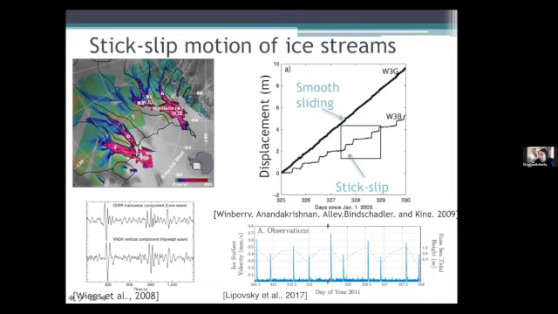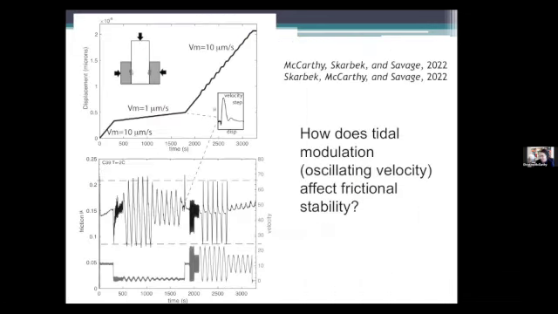So here are the tides as the dashed line, and the velocity going from not moving and then spiking up during an event. And these are captured with teleseismic records. And so what we wanted to explore is why sometimes stick slipping, why sometimes smooth sliding, how is this affected by the tides? We are really curious about this, so we embarked on our second series of experiments.